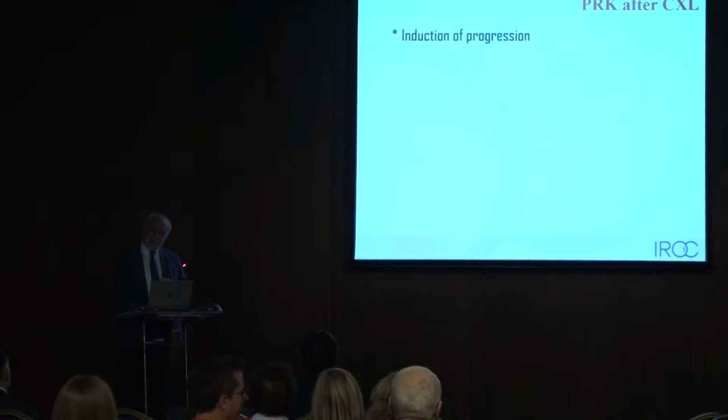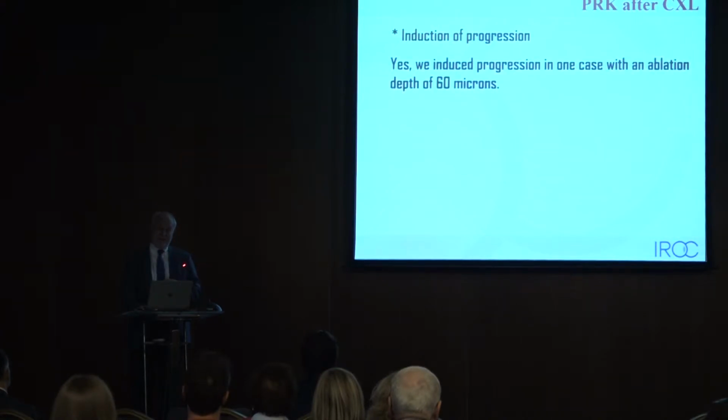And you should also know that it would not be right to show you only the good cases. That was a young man who got a cross-linking in Dresden by Dr. Kohlhaas, and then he came to Zurich and said, hey, you do have that topography-guided stuff. Can you do me a favor and just get rid of the residual astigmatism?